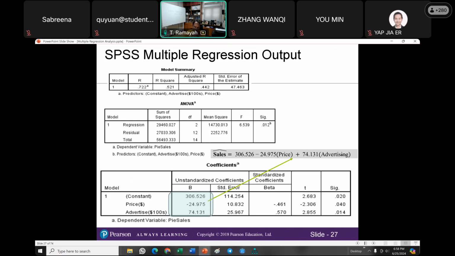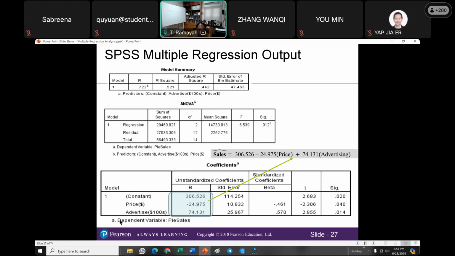So let's say you want to write an equation from the regression output. To write an equation from the regression output, we will look at this table called the coefficient table. The coefficient table will give you the independent variable called price and the second independent variable called advertisement.